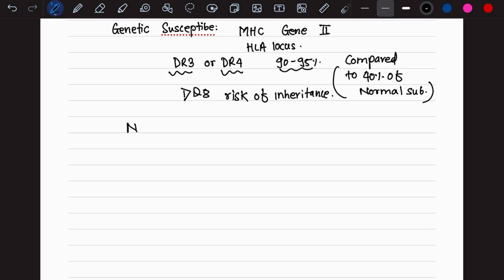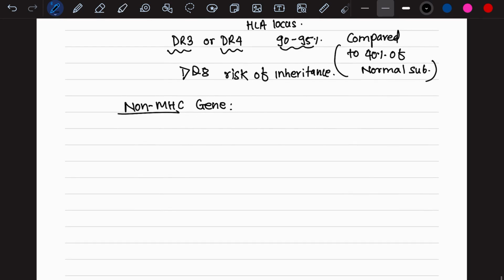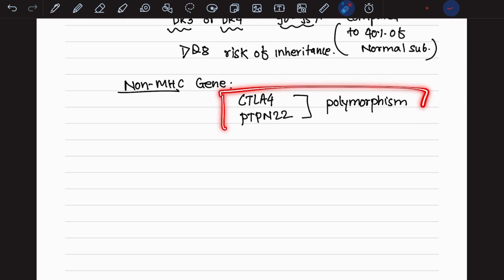If we talk about non-MHC genes, then the non-MHC polymorphisms associated with the disease are the CTLA4 gene and PTPN22. So these gene polymorphisms can be associated with diabetes mellitus.